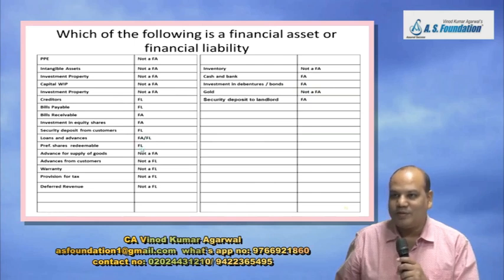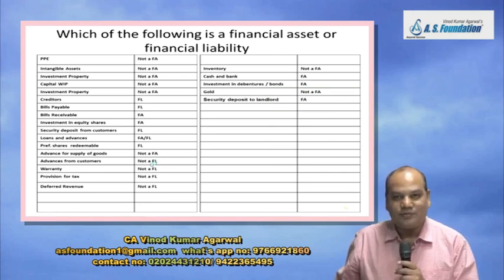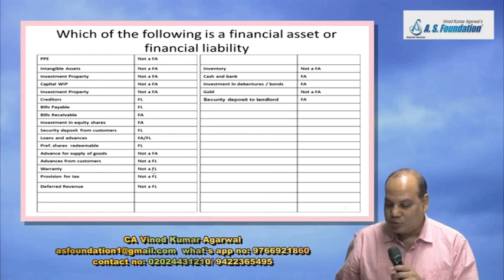Preference share redeemable, liability. Advance for supply of goods, not a financial asset. Advance from customer for supply of goods, not a financial liability. Warranty provision, not a financial liability, because this is not going to be paid in cash, it will be in the form of service.